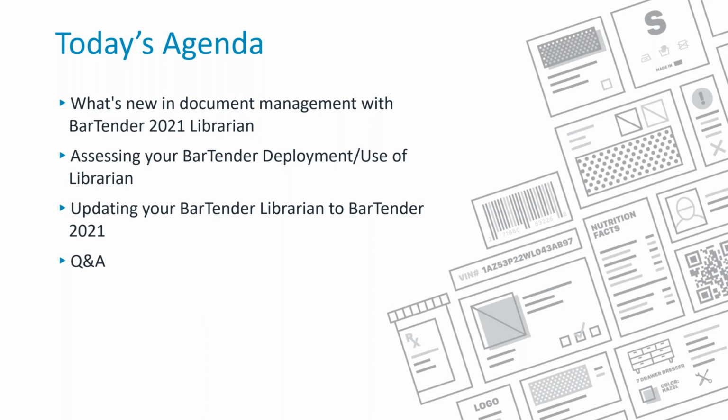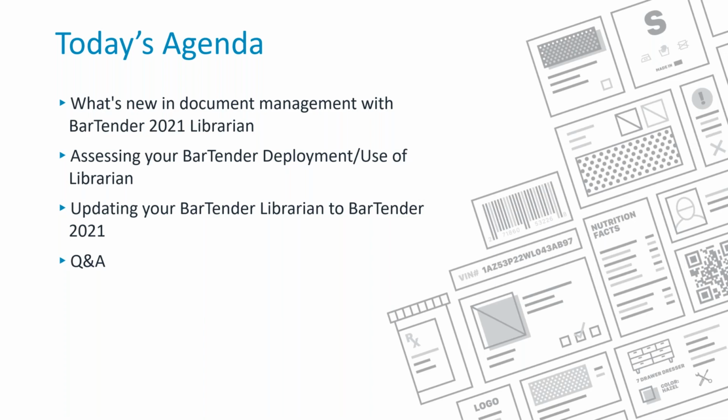Thank you for taking the time to attend our webinar about Librarian and BarTender 2021. Let's take a quick look at our agenda. First, we'll be looking at the Librarian document management system and a number of new capabilities added in our latest BarTender 2021 software release.